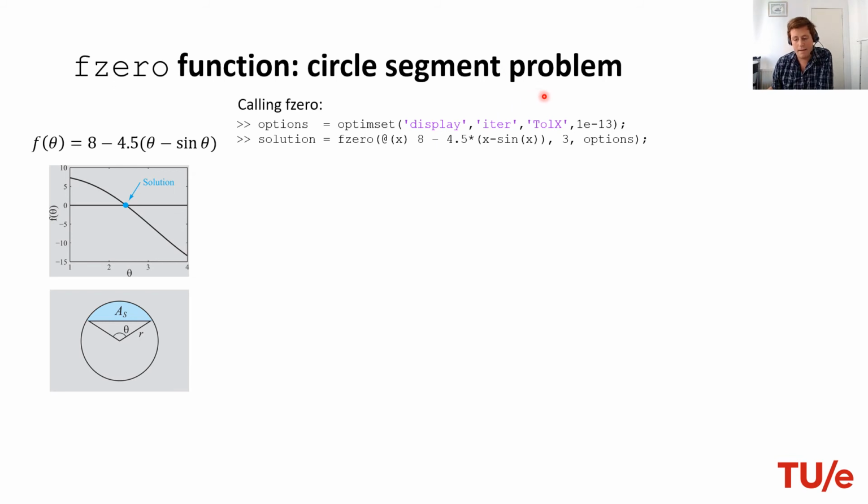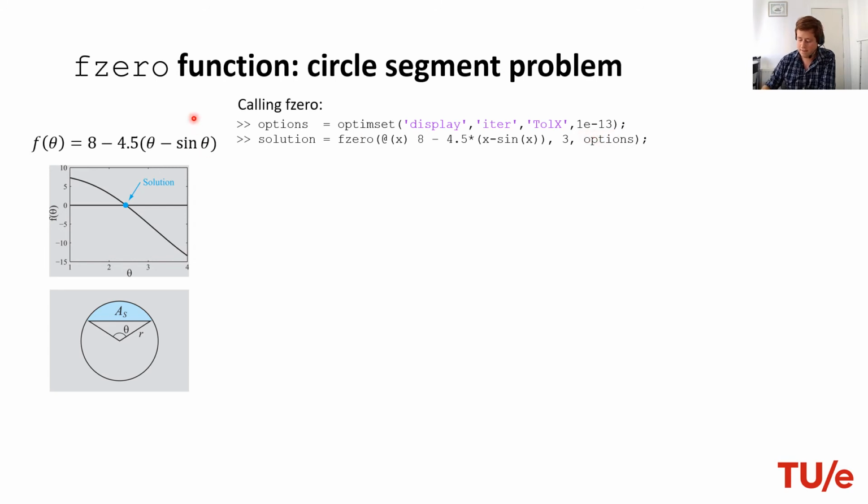And I set the tolerance on the solution to a very strict value, just to have it compute until a very accurate solution. And then calling fzero is actually as easy as just providing here this function handle. So if you're not familiar with the syntax, look into Appendix A1 of the textbook. I give an initial guess of x is 3, and I make sure that it takes into account these options.